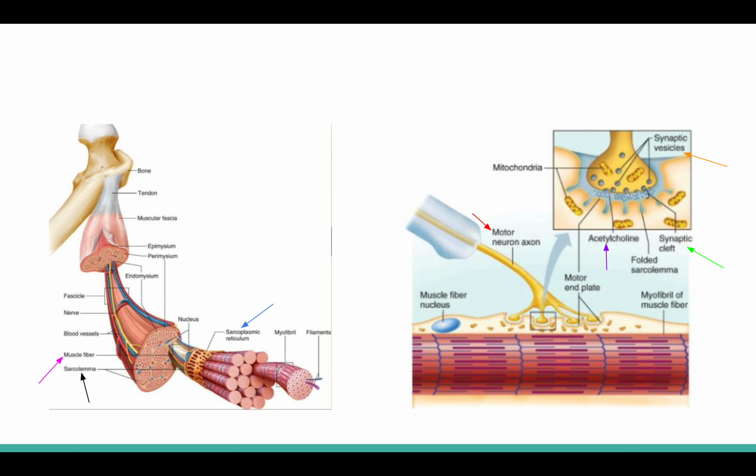Next, acetylcholine binds to the sodium receptor and causes an influx of sodium. The influx makes the muscle excited. This impulse travels down the sarcolemma into the muscle fiber. The impulse that travels down the sarcolemma into the muscle fiber stimulates the sarcoplasmic reticulum, which causes calcium release.